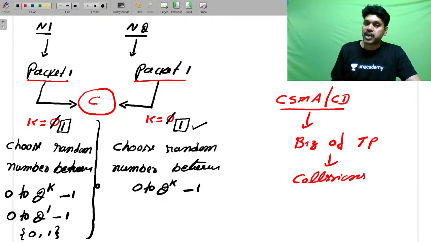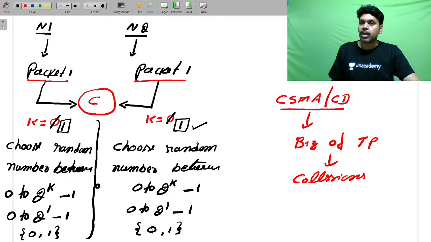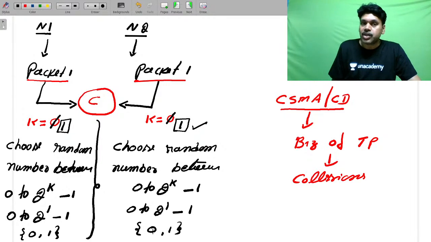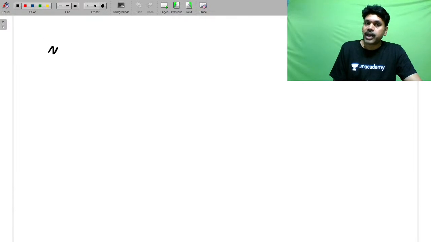Here your collision number at your side is 0 to 2 power 1 minus 1, so you also get 0 comma 1 slots. Now the binary exponential algorithm is trying to keep a race between n1 and n2. So it is starting the probability race. What is the probability race? Let me explain. So n1 got 0 comma 1 and n2 got 0 comma 1 slots.